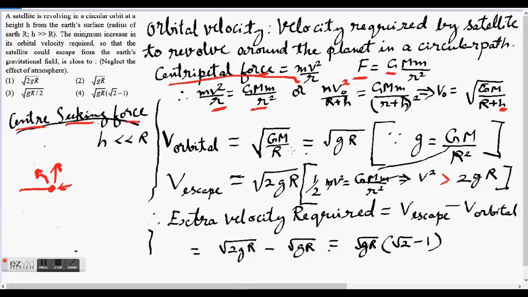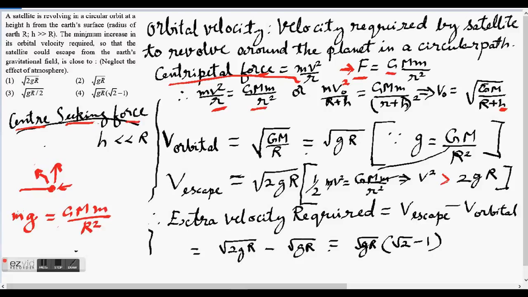Now we want to get rid of capital G and we want everything in terms of small g, the acceleration due to gravity. So what we can do is again use this formula right here. Force is equal to G M m upon r square. We know that force is mass times acceleration, so mass times acceleration due to gravity, because the satellite is accelerating at the rate of g, is equal to G M m upon r square.